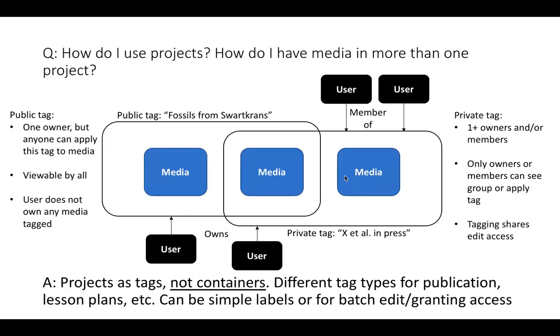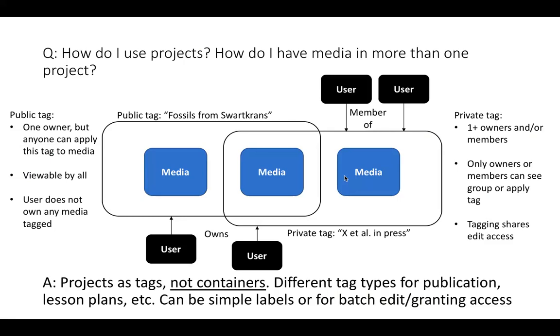But in this case, in your private tag, you have a user who owns that tag, but you can also add members to the tag. It's private, so only owners or members can actually see that group of media. And because of how the owner sets it up, this private tag, when they add media to it, will also grant edit access to all of the other users who are members of that tag.